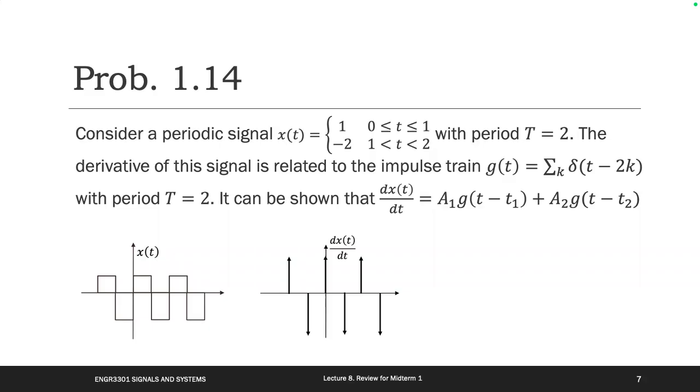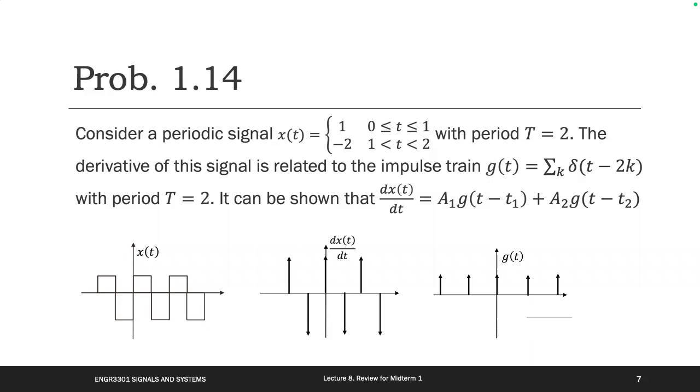The flat part will not have value, it will be 0, and the value at the edge will be infinite. So this is x(t) after the derivative.